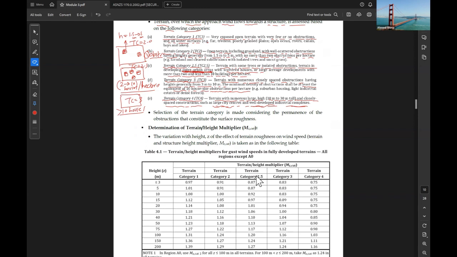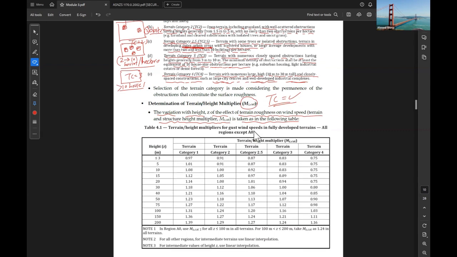Okay, so after we know TC, the terrain category classification, we need to determine MZCAT. The variation with height Z of the effective terrain roughness on wind, terrain and structure multiplier MZCAT is taken from the following table. This table is for all gust wind speeds in all terrains except for A0.